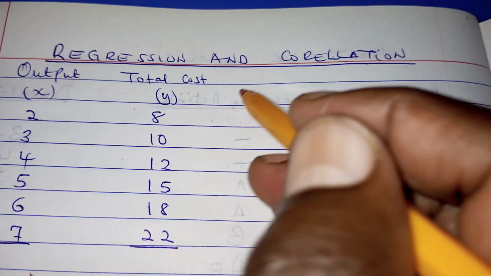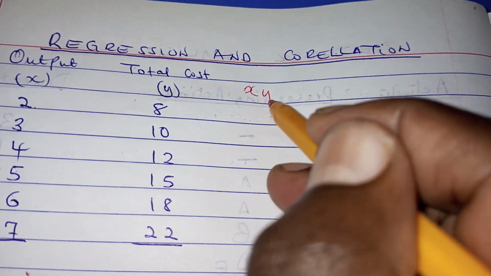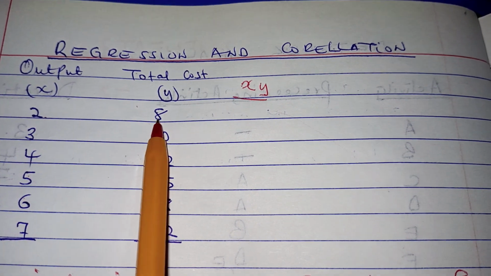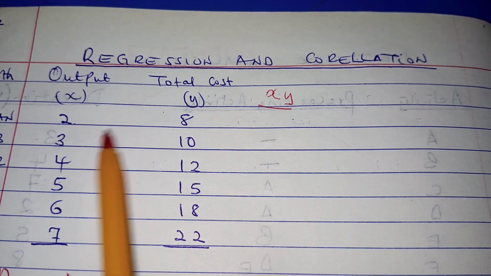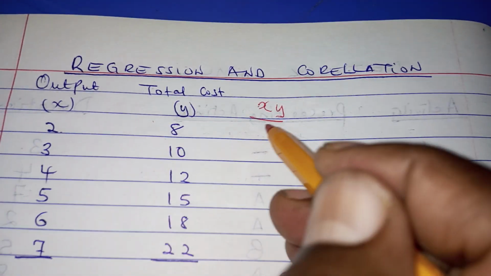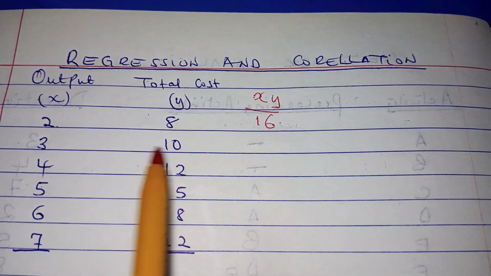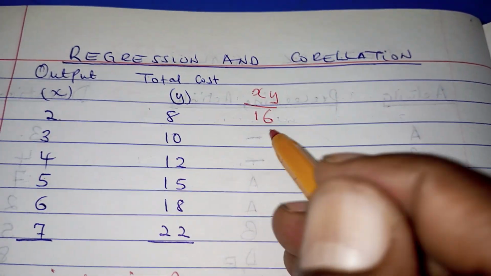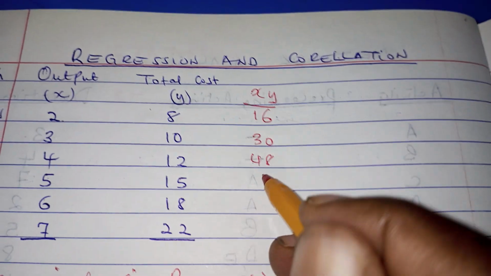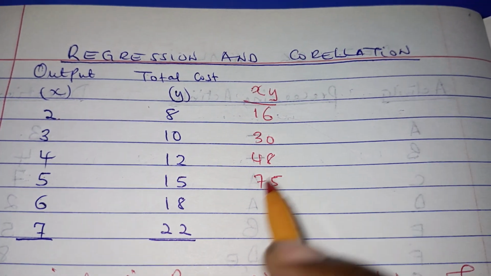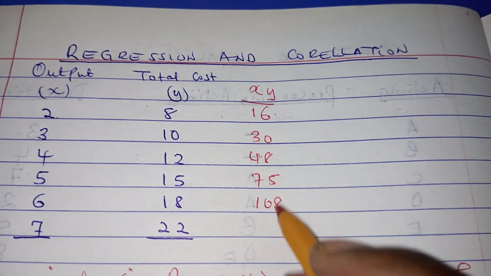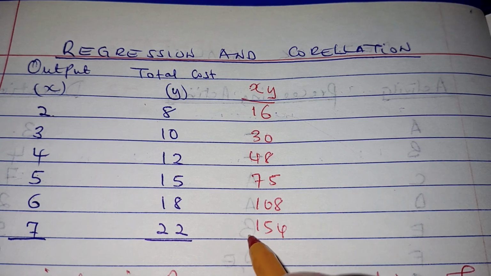We need another column in the form of xy, so we shall have the product of x and y. 2 times 8 is 16. 3 times 10 is 30. The next one is 48. 5 and 15 gives me 75. The next one is 108, and the last one is 154.